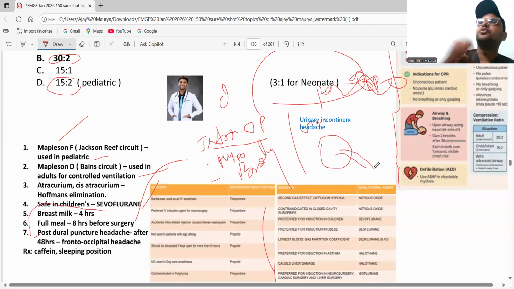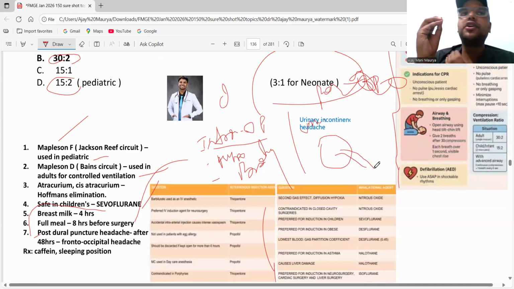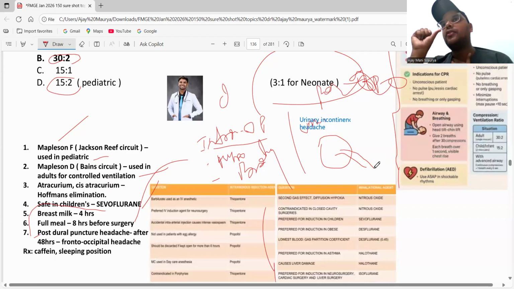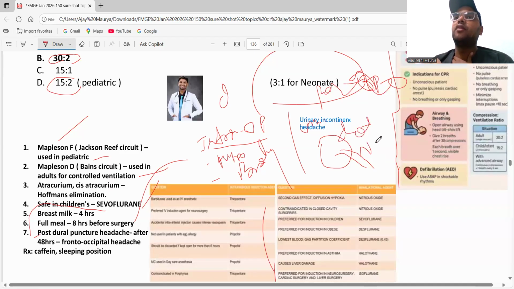That's why we have the headache, which is called post-dural puncture headache. So what do we have to do? There is a tablet, use it. It is made up of an NSAID plus caffeine.